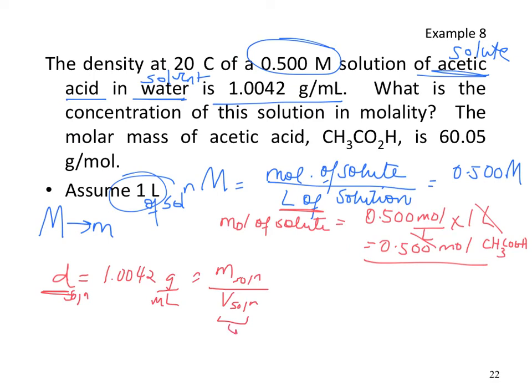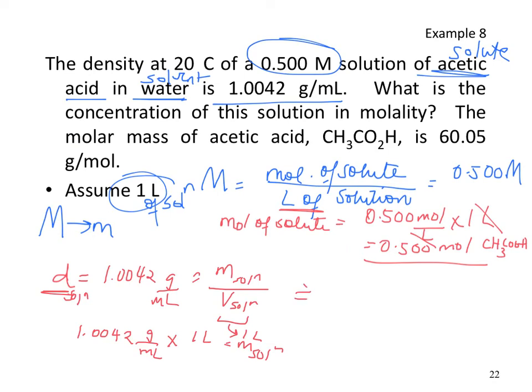So 1.0042 grams per milliliter times 1 liter should give me the mass of solution, basically multiplying both sides of the equation by the volume of the solution. And since the denominator is in milliliters, you need to of course do that conversion.